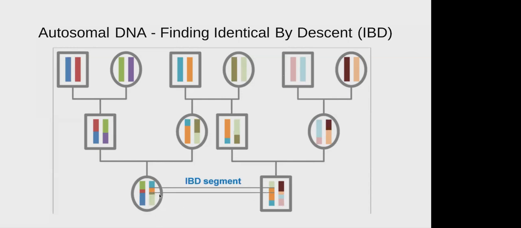And here you can see that there's this little tiny orange segment that this child has, the grandchild of couples 1 and 2, and this same little segment that this child has, the grandchild of 2 and 3, and that's the IBD, identical by descent. So the whole nature of this is to find those segments.